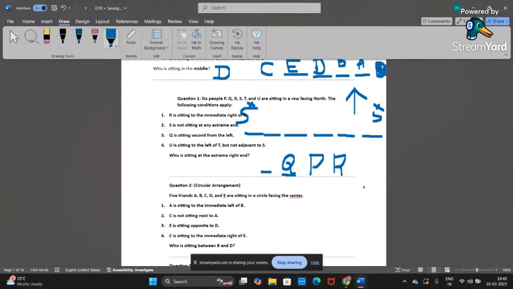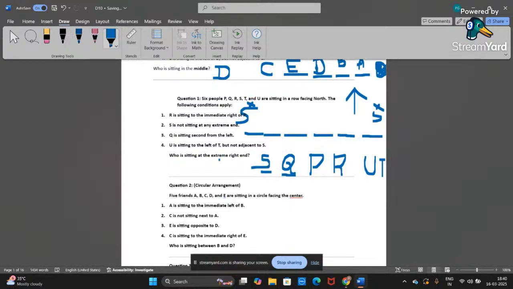U is sitting to the left of T but not adjacent to S. Left of T, that means here, but not adjacent to S. That means S will be here.